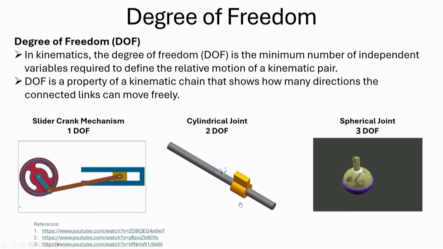Now, in order to look into these mechanisms from a slightly informed point of view, we must have the concept of what we call the degree of freedom. Degree of freedom, once again, is related to something which is called kinematics. Now, there are two terms that are very much important for a dynamic system.